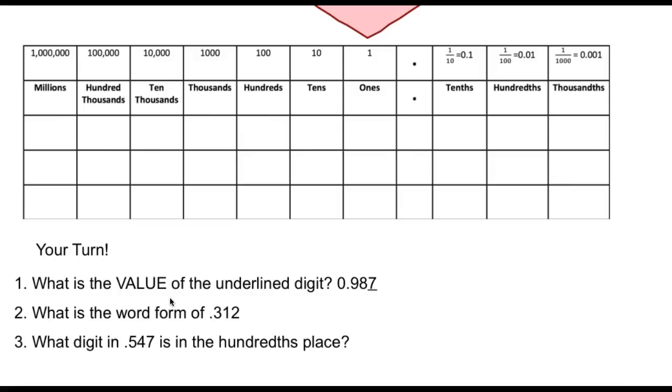You're going to be answering: what is the value of the underlined digit? What is the word form of 0.312, or 312 thousandths? What digit in 0.547, or 547 thousandths, is in the hundredths place?